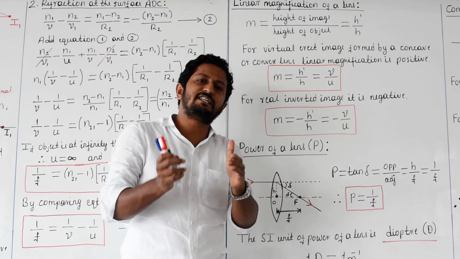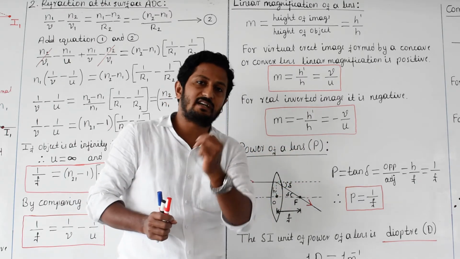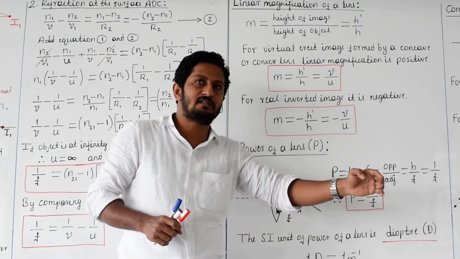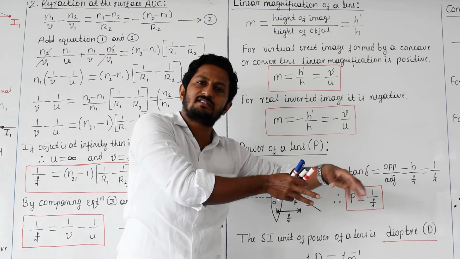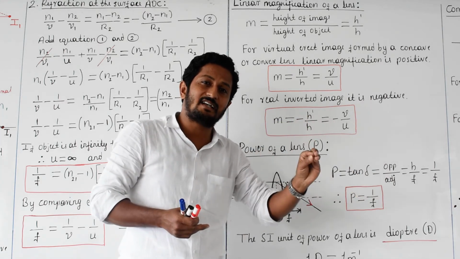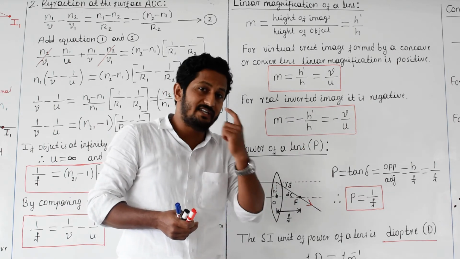Title is linear magnification of a lens. There are two kinds of lenses, convex lens and concave lens. This concave lens is always producing a virtual, erect, diminished image. Okay, that we discussed.